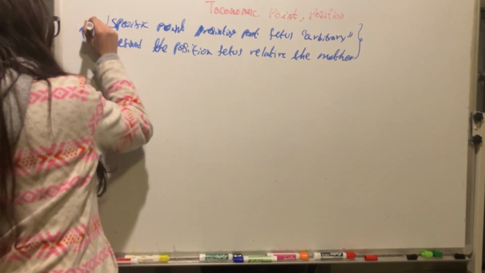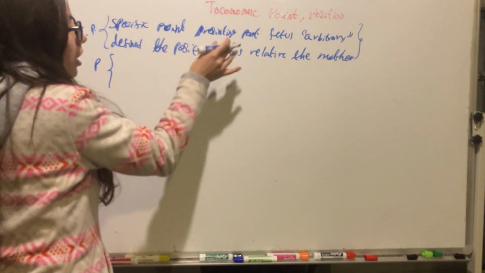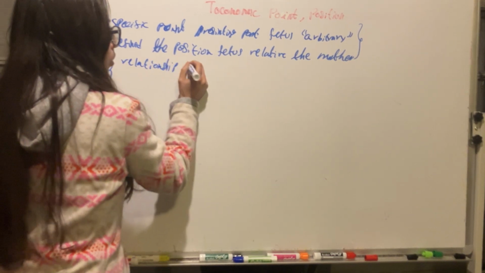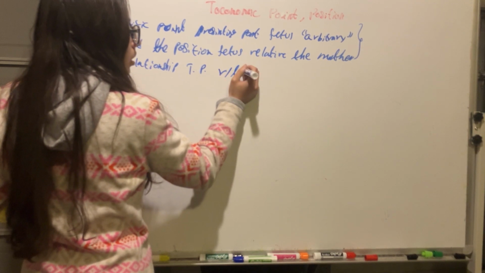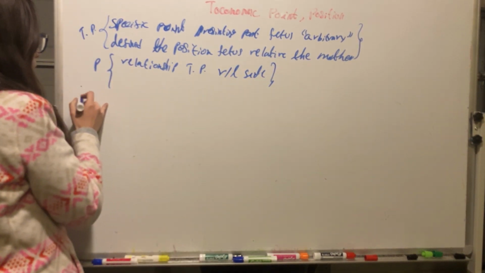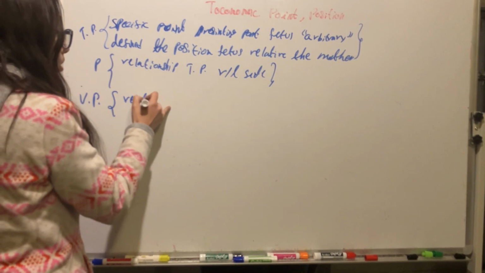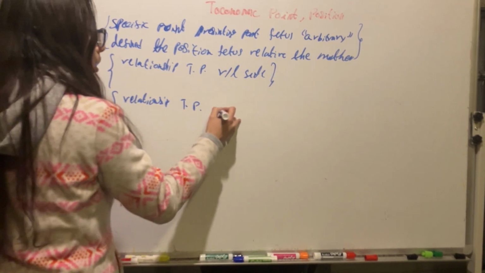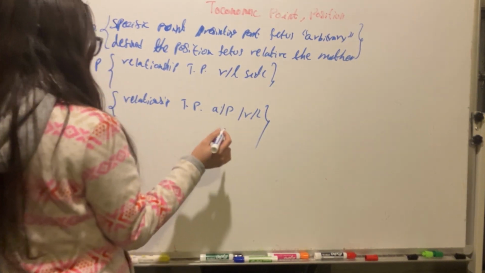Position is the relationship of the tocogonic point with the right and left side of the mother, and variety of position is the relationship of the tocogonic point with the anterior, posterior, right or left of the mother.